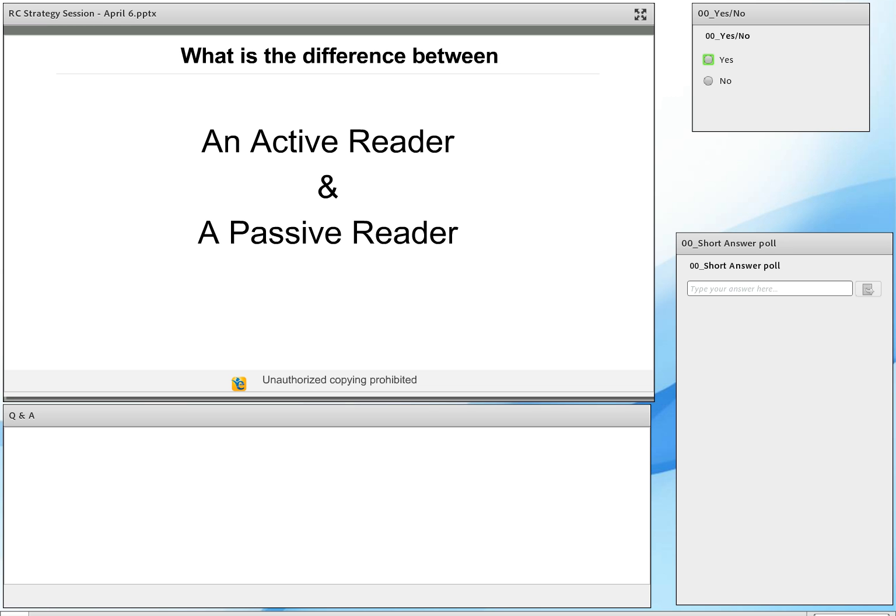Just think about what it could be. Okay, I have 4 responses yet. I'm sure we can get some more people to think about and write what is the difference between an active reader and a passive reader.